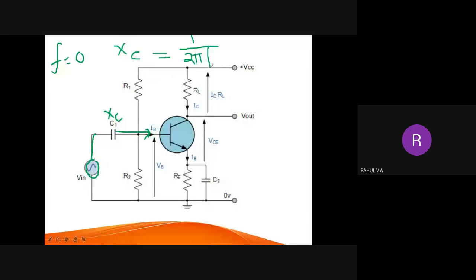It has infinite resistance to DC. So as the frequency of an AC signal reduces, it almost becomes a DC signal.